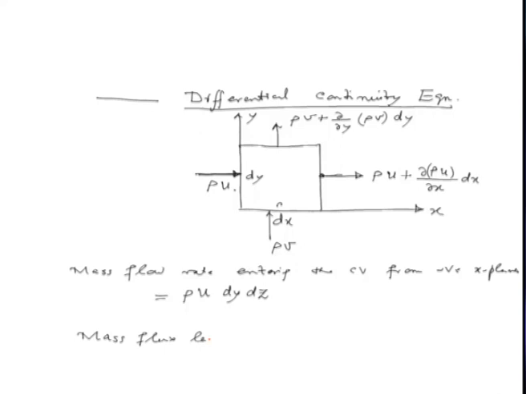Now mass flux leaving the control volume from positive x plane would be rho u plus del of rho u over del x dx, multiplied by the area dy dz.